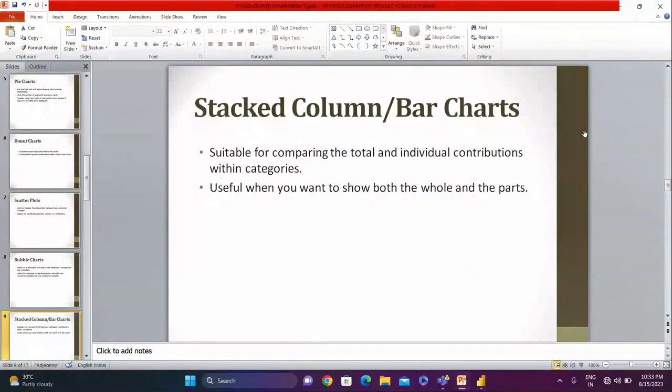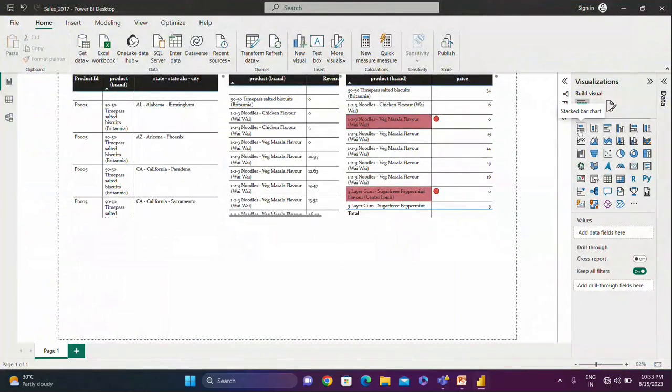Suppose I am having one product and in that product I have subcategories and I want to analyze which of the subcategories is giving me good revenue. So how can I do that? For that case, stacked bar chart is very good for me, because I will be getting the overall sales with the complete bar section, whereas the subcategories division will be done on the color basis.